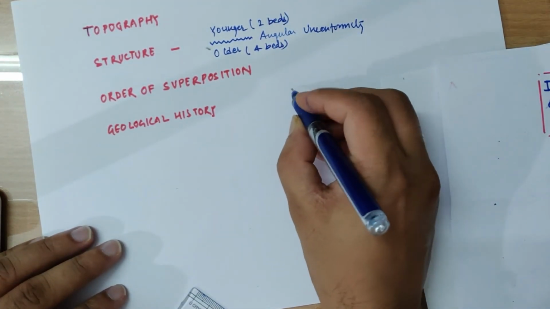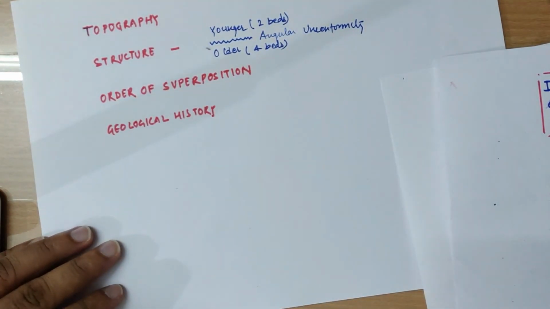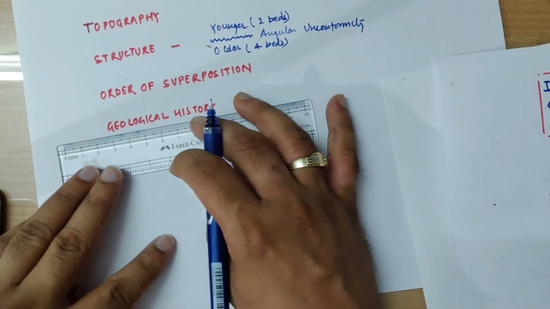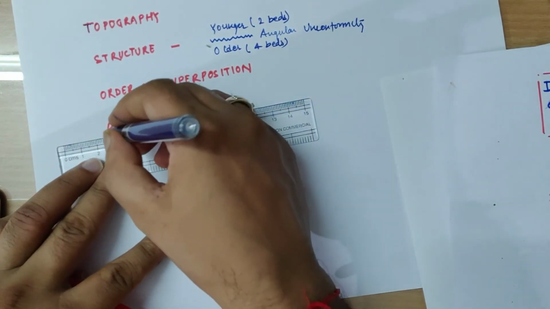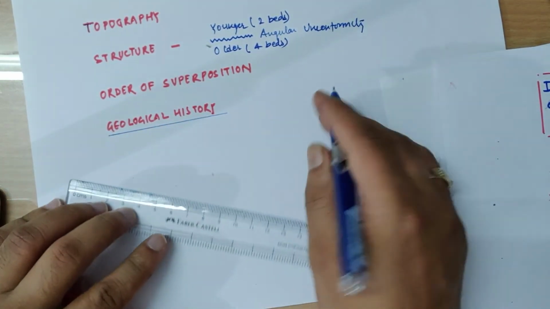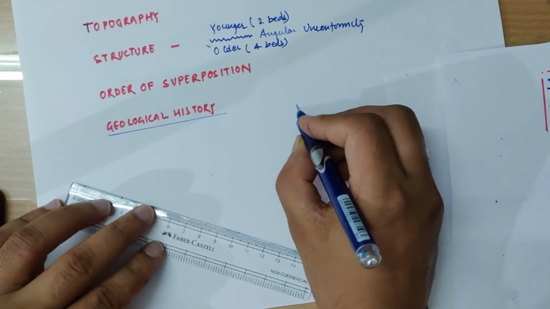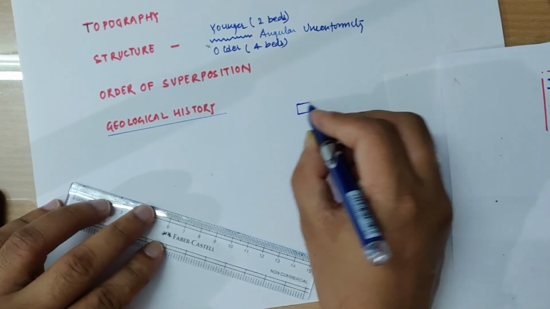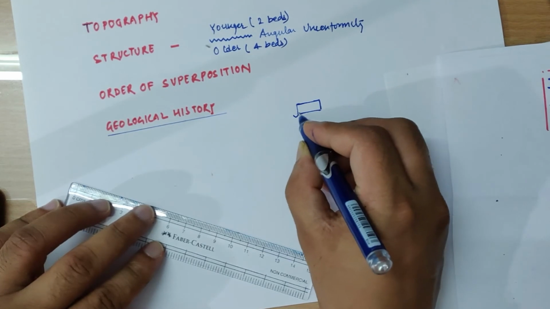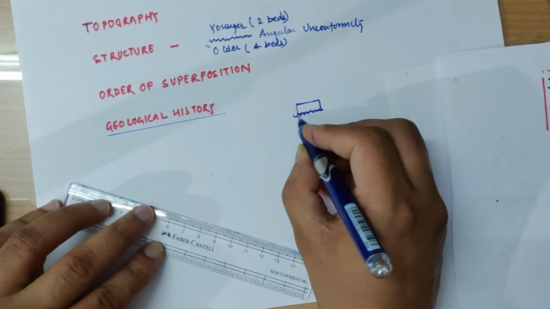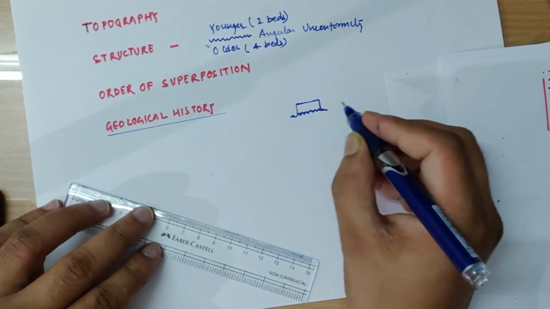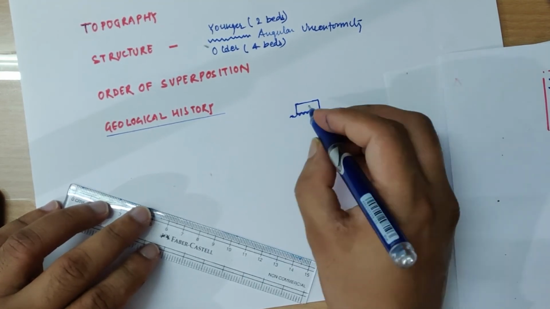Order of superposition. So we draw it in an undeformed manner in order to know the order of sequence or order of superposition. At the base we have bed number 1, which is again on an unconformable basement because the lower surface of bed number 1 is unknown.